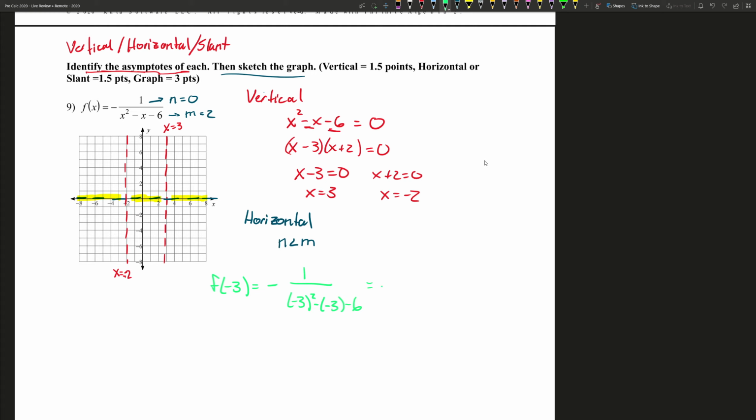So when we do that, we get a positive denominator, but because of this negative outside, we get a negative number. So we get -1 over just 6. All right, so we have -1/6. -1/6 is always going to be below our horizontal asymptote. So our graph is going to look like this.